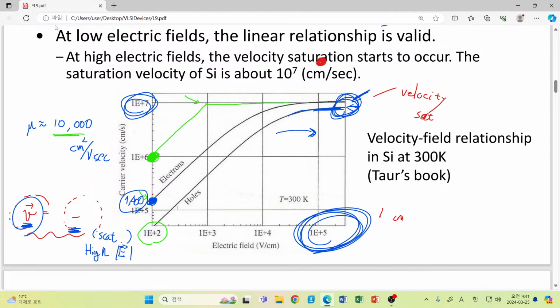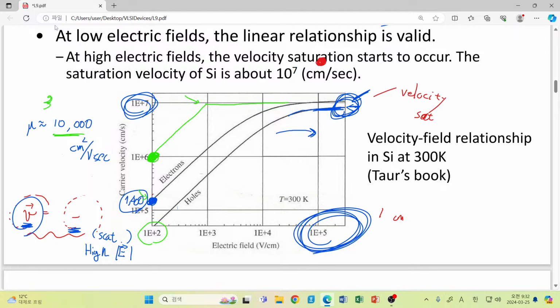Of course, there are other materials whose saturation velocity is not exactly 10 to the 7. Some materials have 2 times 10 to the 7 and some have 3 times 10 to the 7. Twice or 3 times higher than silicon sounds great. However, it is not hundreds of times higher or thousands of times higher than silicon.